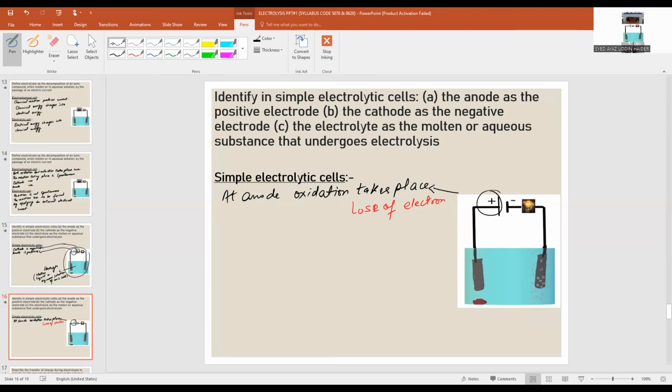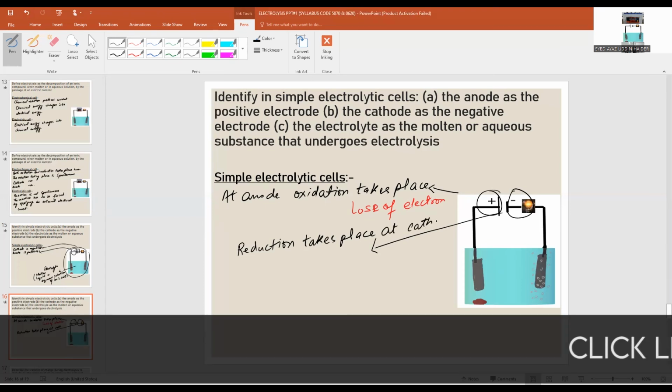On the other hand, reduction takes place at cathode.